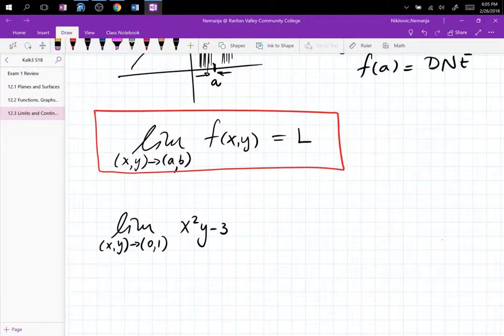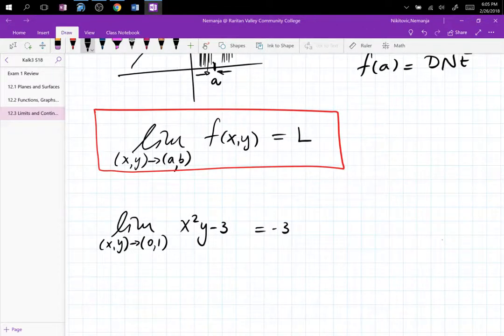You will get the answer negative 3, because when you plug in x equals 0 and y equals 1, you simply compute negative 3. So this is technically a point (0, 1, negative 3) in space. And you can calculate all of the z values, and you will get whatever shape the function produces.